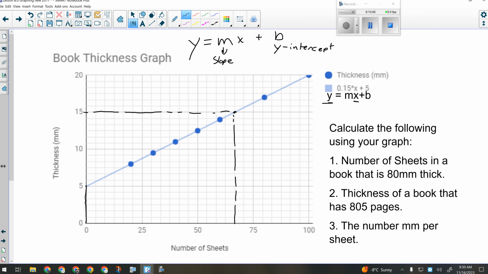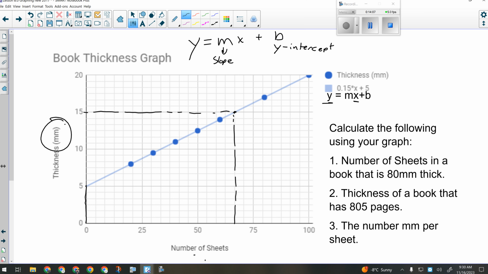Now, the slope tells me something else. On every graph, the slope represents something different. On this particular graph, the slope is going to be in millimeters per sheet, because it's y over x.